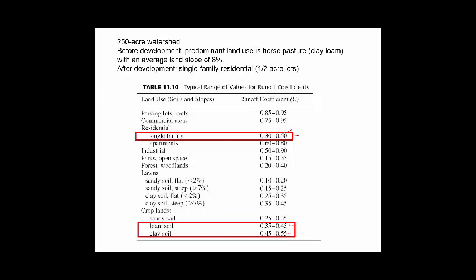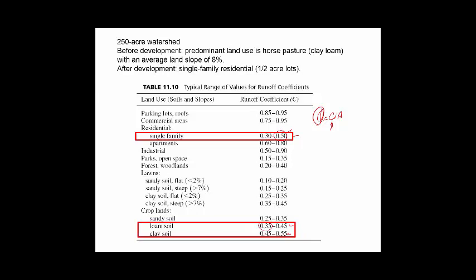So I can say in a conservative way, okay, I'll use the 0.35 for my agricultural land. Remember that the equation is Q equals CIA. The larger the C, the larger the runoff. Okay? And then use 0.5 for my post, for example.